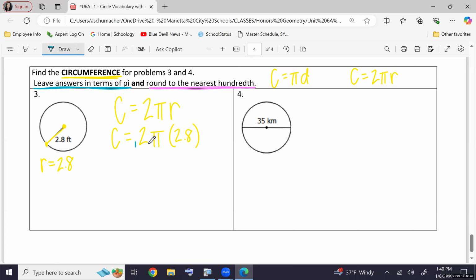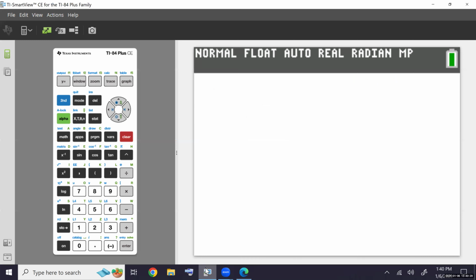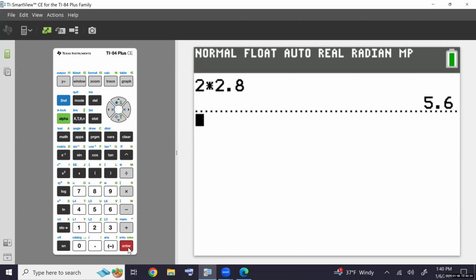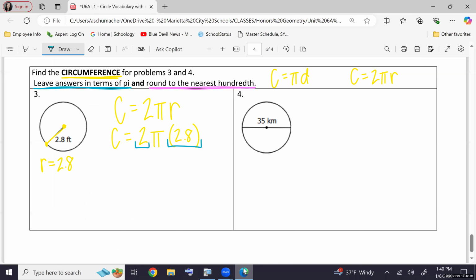So we are going to do 2 times 2.8, which gives us 5.6. So this answer, circumference equals 5.6 pi. Remember, with the exact answer, pi is still going to be in your answer. So it's 5.6 pi, and then our units are just going to be feet. Circumference does not have the squared, it's just feet.